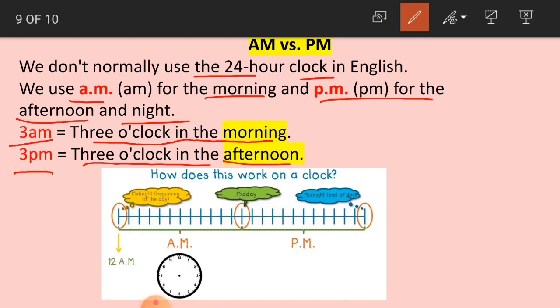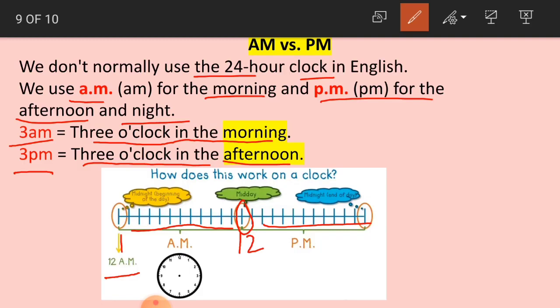See here, I have given you a picture. This is AM, this is PM. Again this 12 to 12: 12 AM, that is midnight.